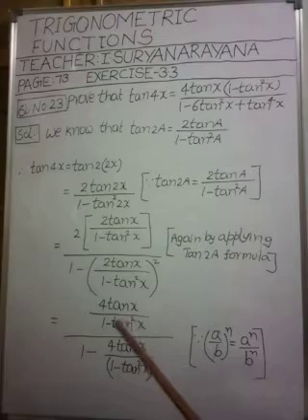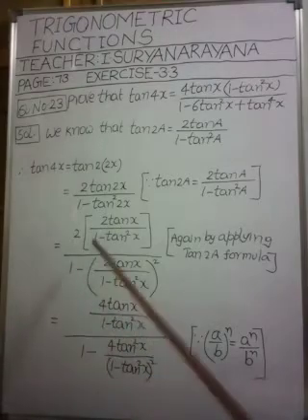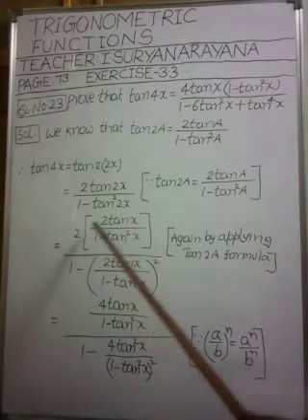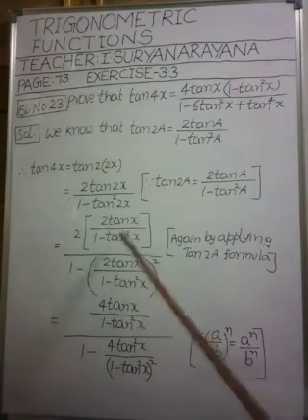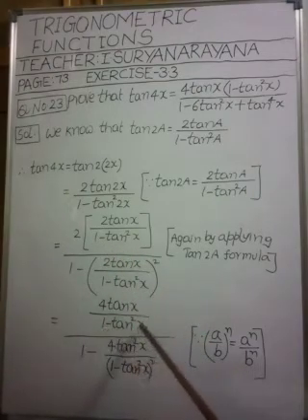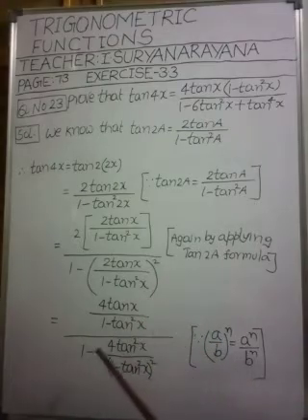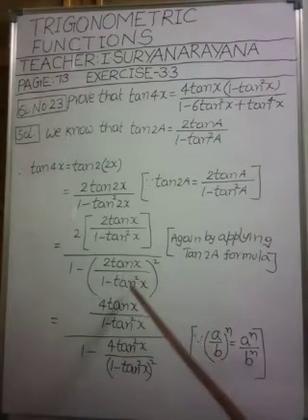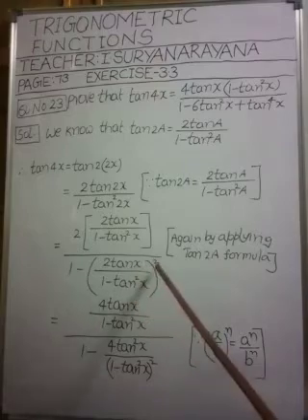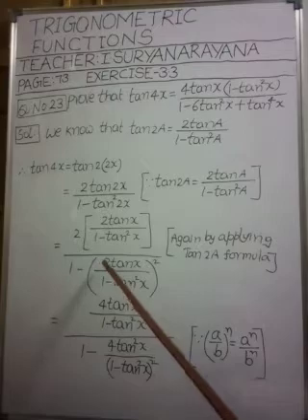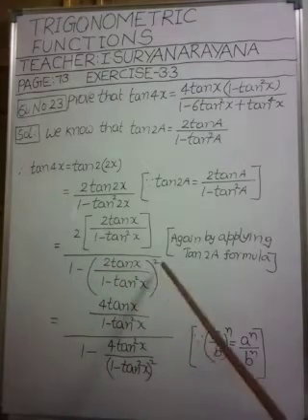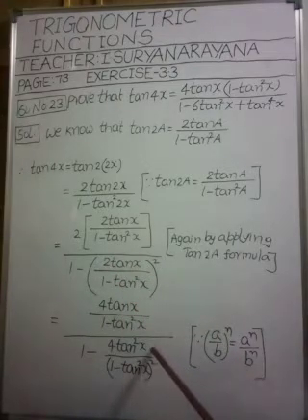Right. Now we simplify. Is equal to, in the numerator what will you get? 2 of 2, 4 tan x by 1 minus tan square x. Understood the numerator, my dear children? Right. Whole divided by 1 minus, this is in the form of a by b whole power n. What will you get? A power n by b power n. So 2 square 4 tan square x. Understood numerator, my dear children?